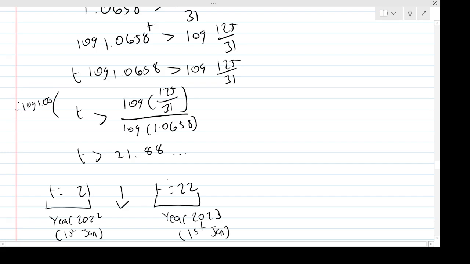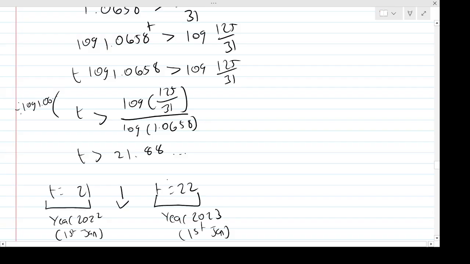So the value exceeds 100,000 in between these two dates. So the year it has to fall into is 2022, say like November 2022, but it's in the year 2022.